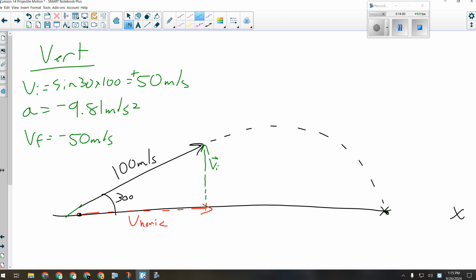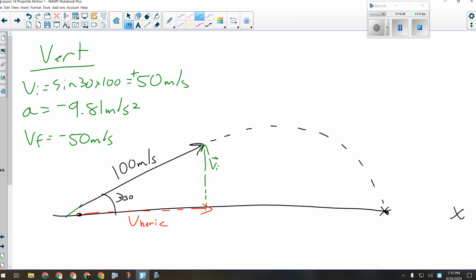Now, what would my displacement vertically be in this situation? 0. It goes up, comes back down. So that's another number I could have. My vertical displacement would be 0. But right now, with that information, could I calculate how long this thing is in the air? I've got VF, I've got VI, I've got A. Yes, I could calculate that.